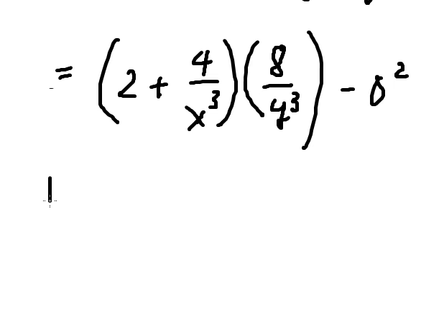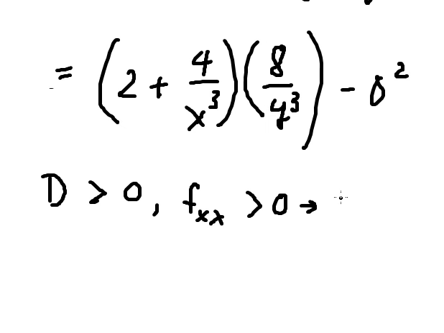Now, if D is greater than number 0 and f xx, that is the second derivative, is greater than number 0, so this point in here is a relative minimum.